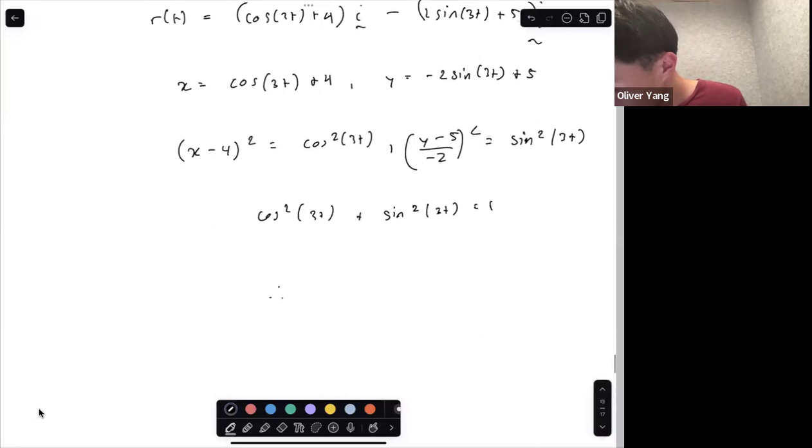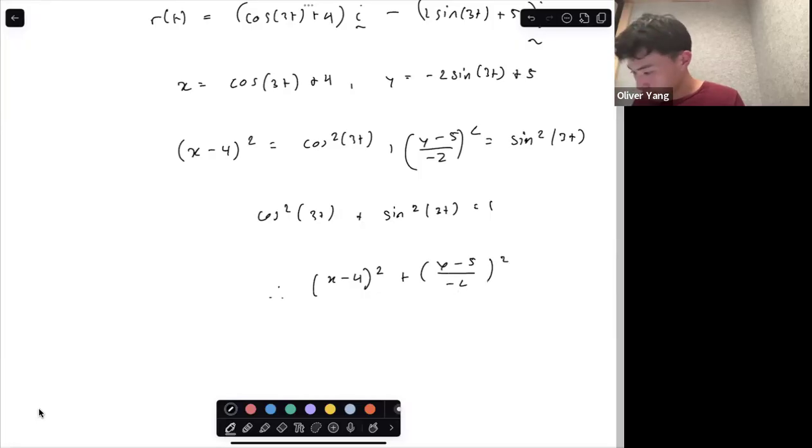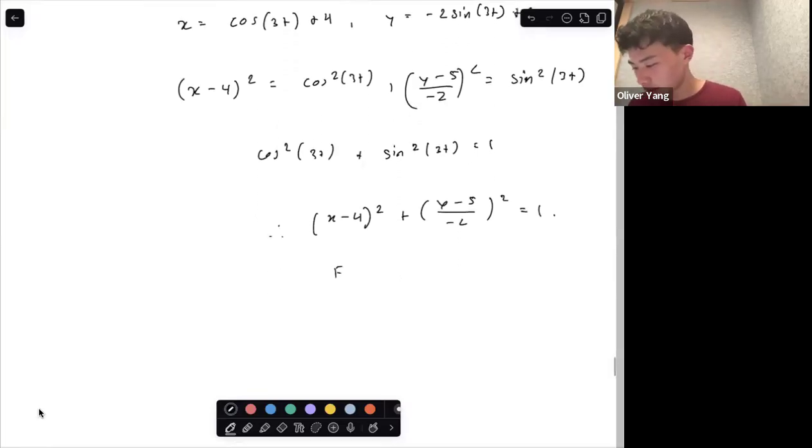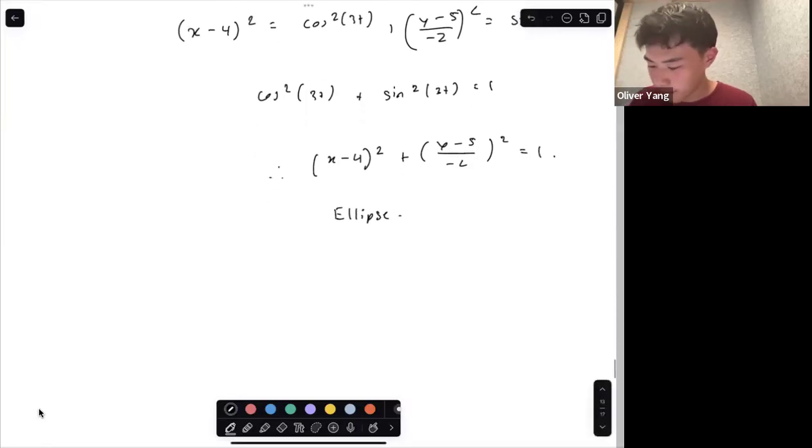And so therefore x minus 4 squared plus y minus 5 divided by negative 2 squared equals 1. Okay, so that's our Cartesian equation. What is this? It's an ellipse, right? Okay, B.